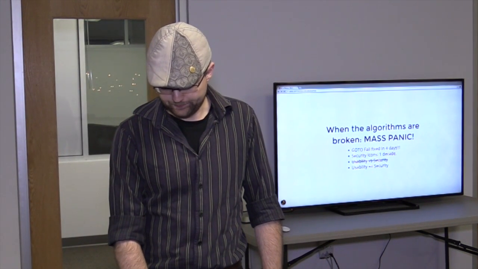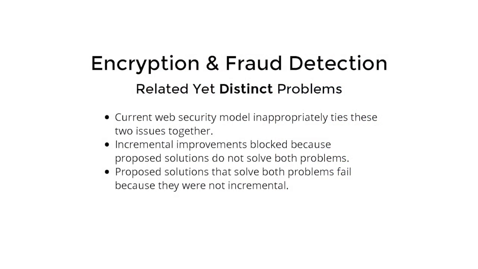But we're going to get there. And the way we're going to do that is to recognize that we have orthogonal problems, right? We need to separate the need to encrypt from fraud detection and authenticity. I understand that proper encryption still requires authenticity. I get that.